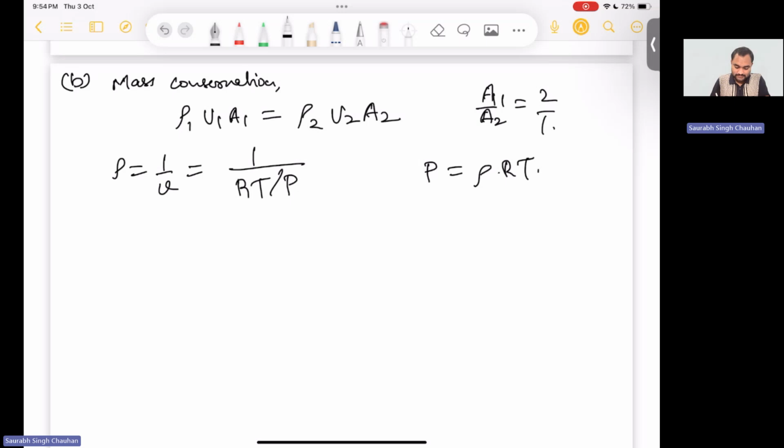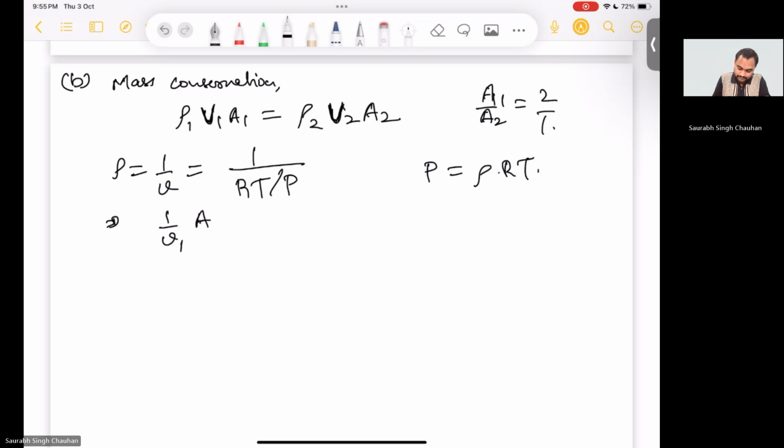So now you can use the ideal gas equation and you get 1 by v1. This small v is specific volume and capital V is velocity.